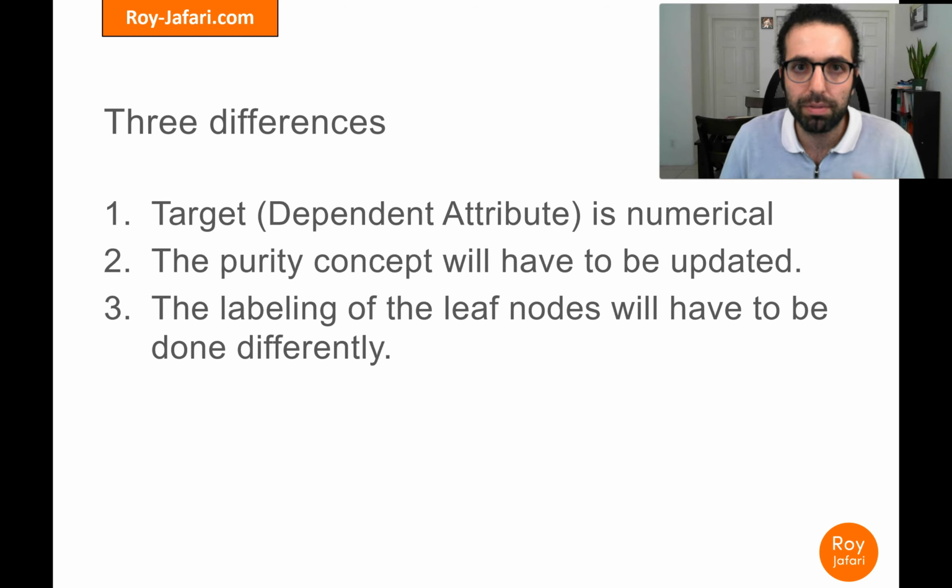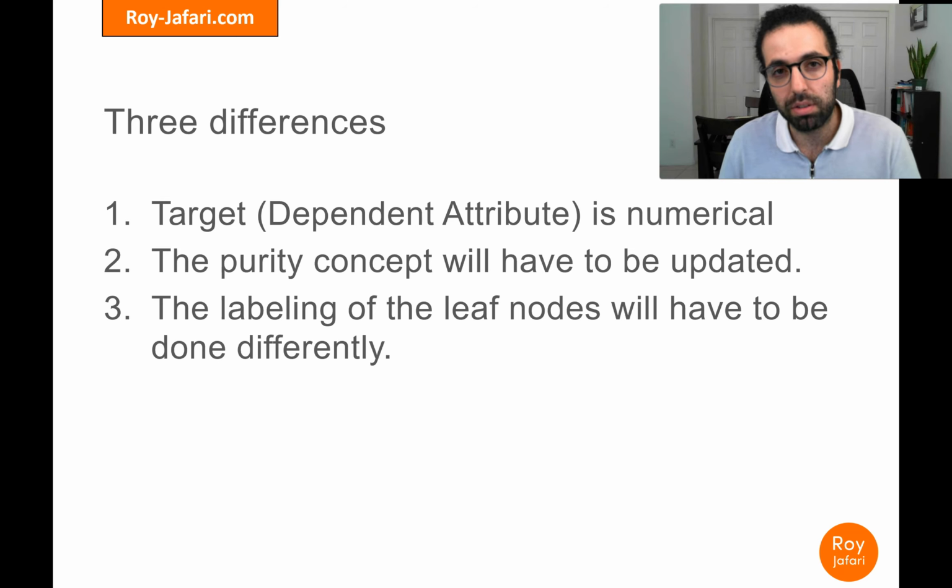The next thing is the concept of purity. If you remember, it was a really big part of the induction algorithm. We would choose the attribute to split the data that would lead to the most purity in the subsets of our data. That has to change because purity doesn't make sense for a numerical target. Also, for labeling in classification, we would look at the subset that comes to a leaf node, and if all of those were pure, we'd say this is that class.